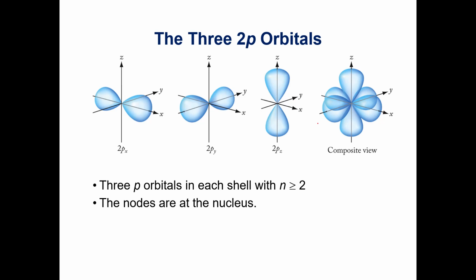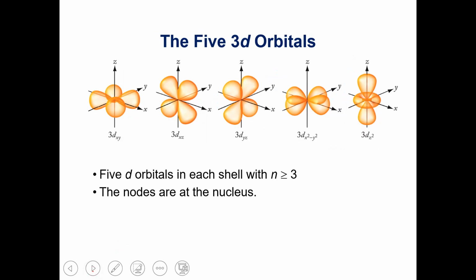If you put all three of those together, this is what you get, this composite view on the end. The d orbital has 5 different orbitals, so we have 5 different orientations here, and you can see the 5 different orientations for a d orbital.